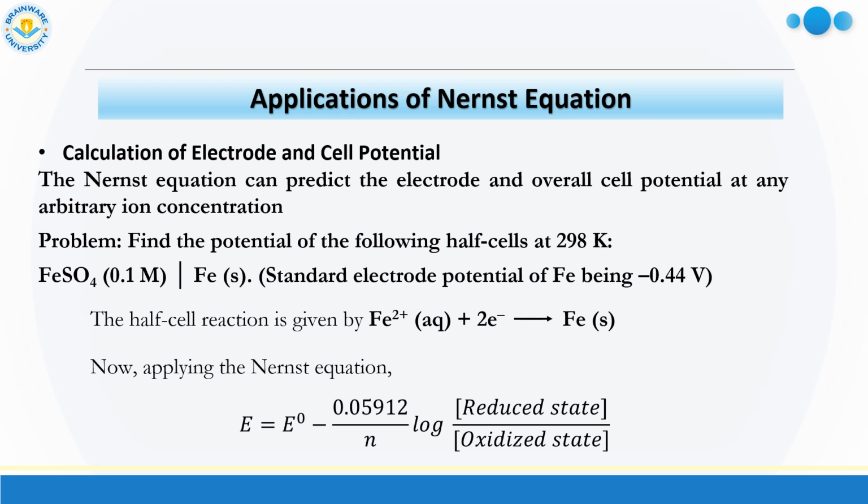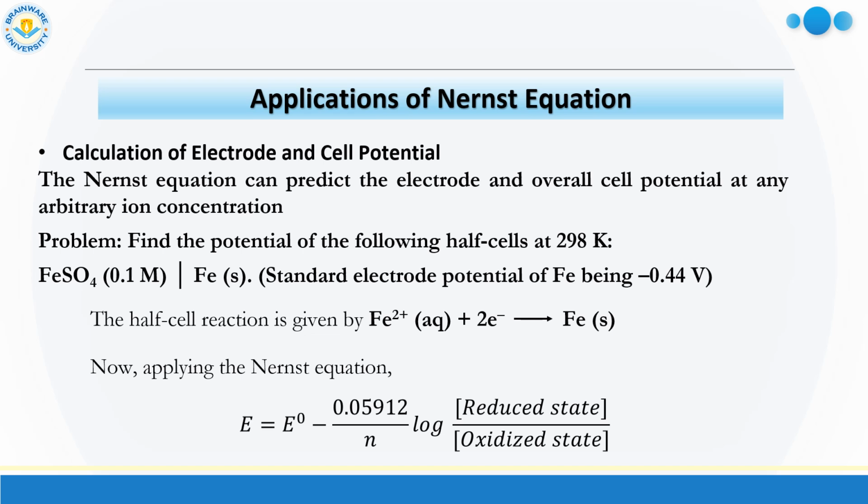Let's say we want to find out the potential of the following half cell: FeSO4 with concentration 0.1 molar converting to Fe solid at 298 Kelvin, and the standard electrode potential of this half cell is minus 0.44 electron volt.